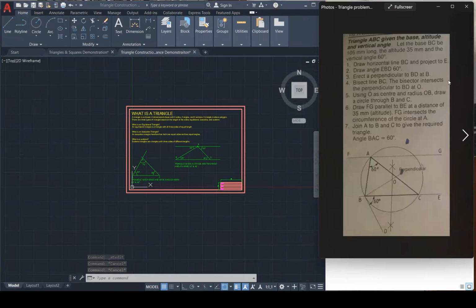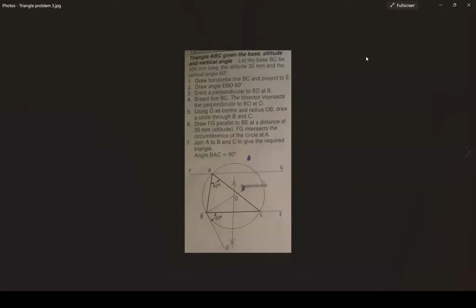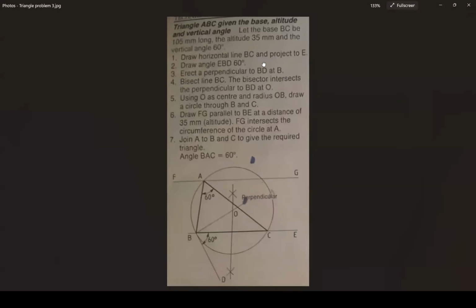So let's go to this one now, where the triangle given the base. Okay, so let me increase this. As we read, triangle given the base, altitude, and vertical angle.